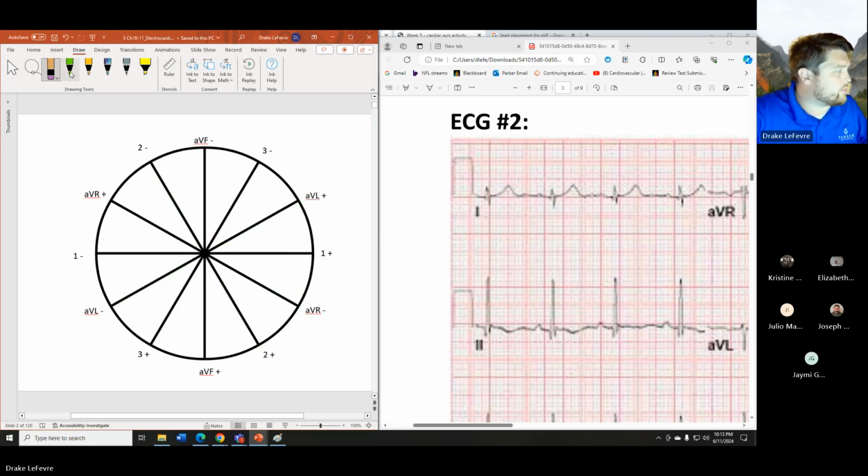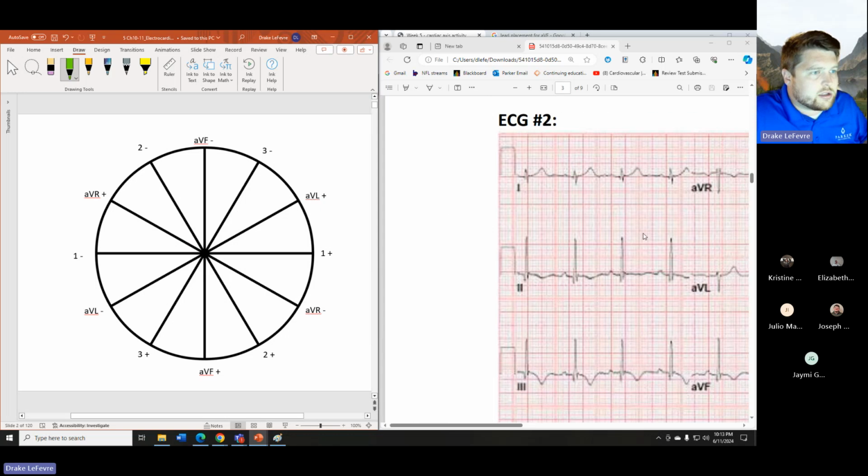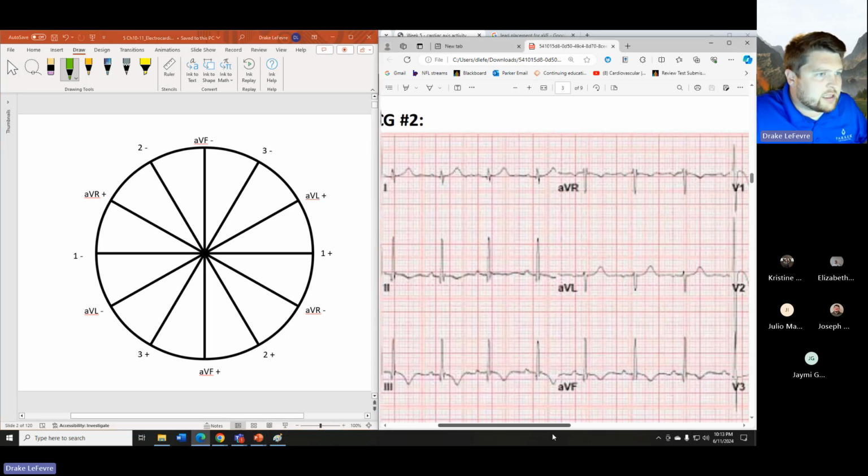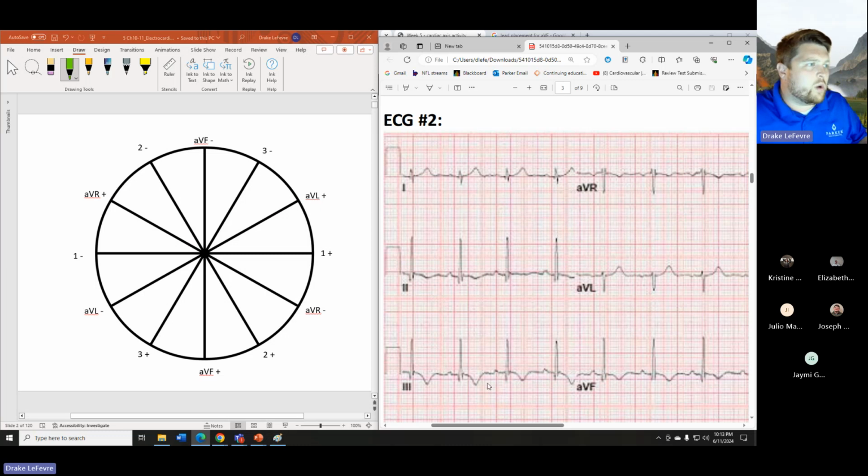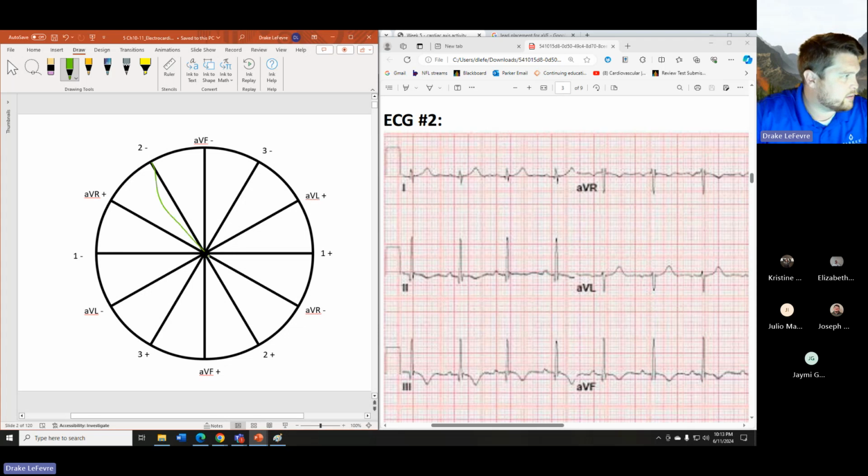Okay. So we look at our 6 different leads that we can use. Which ones are obviously positive or obviously negative? 2 and 3 for sure. 2, 3, and also AVF down here too, right? Yeah. Okay, so let's start with lead 2, obviously positive. We identify lead 2. We find its perpendicular line. This is negative, this is positive.